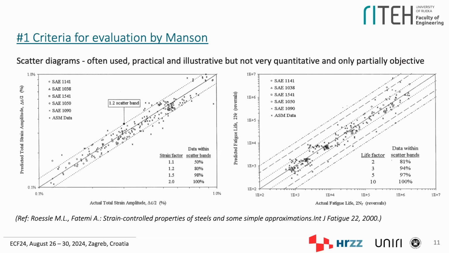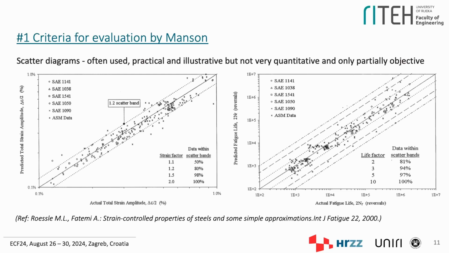We can only judge approximately whether these data fall in a reasonable direction, whether they coincide better or worse. Additional information that is also present in this criterion is the percentage of data that falls within certain scatter bands. This is very often used. We use it as well, but again, it's a more qualitative, not so quantitative method of evaluation.